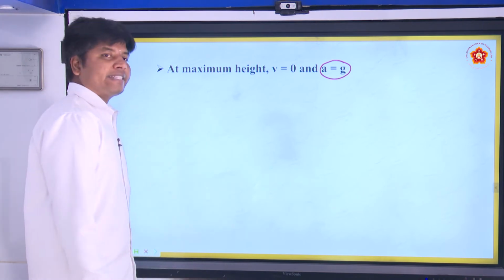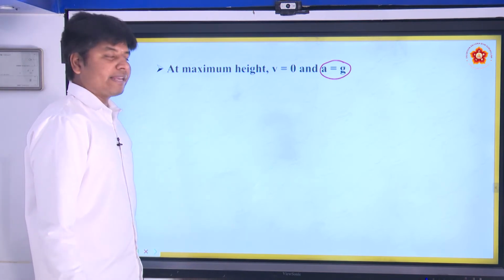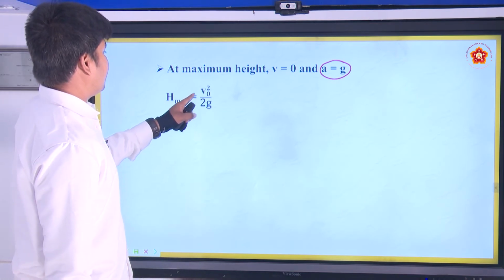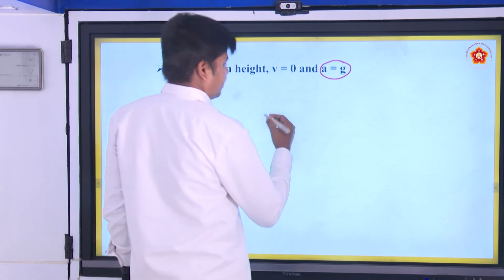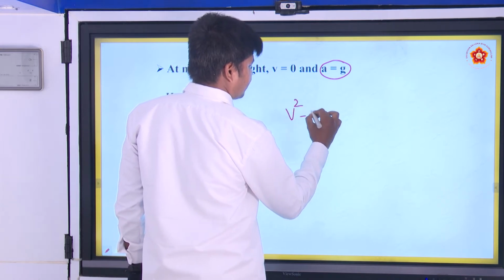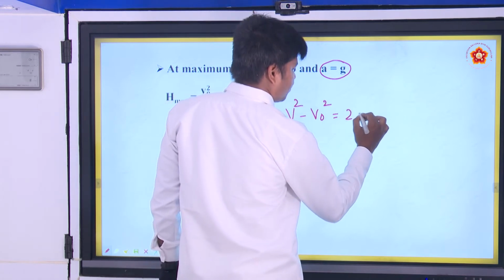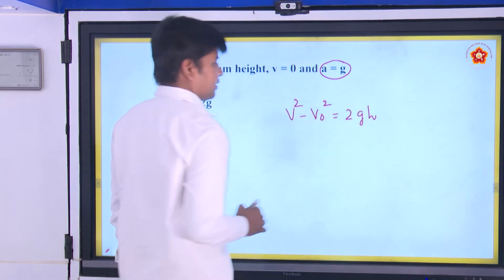So what will be the time there? What will be the height there? Height is nothing but v naught square by 2g. Final velocity square minus initial velocity square is equal to 2gh, right?